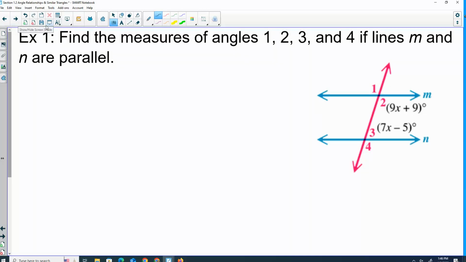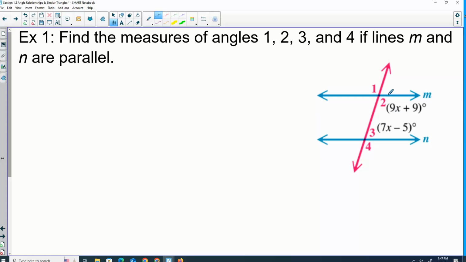I'm going to find the measures of all the angles, 1, 2, 3, 4, in this picture. So the only ones I gave us variables for are 2 and 3.